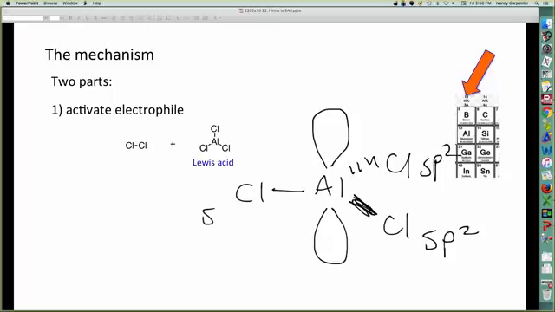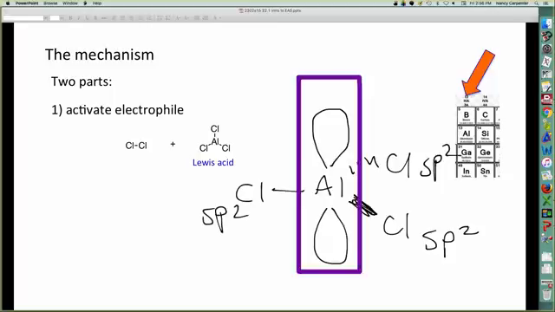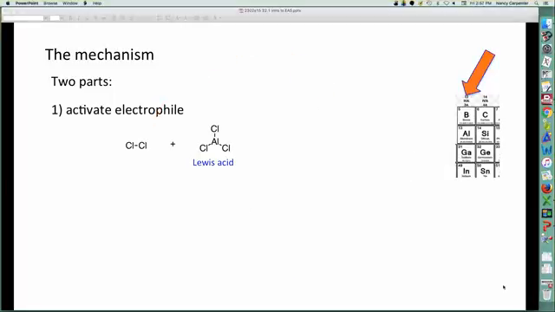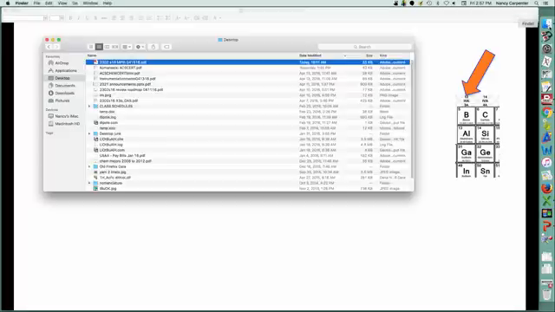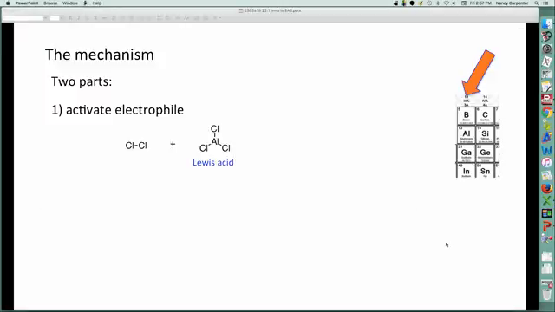sp2, sp2, and a leftover unhybridized empty p orbital, which some nice lone pairs on my chlorine can dump into to make, well, that's cool. I wonder how I managed to do that.